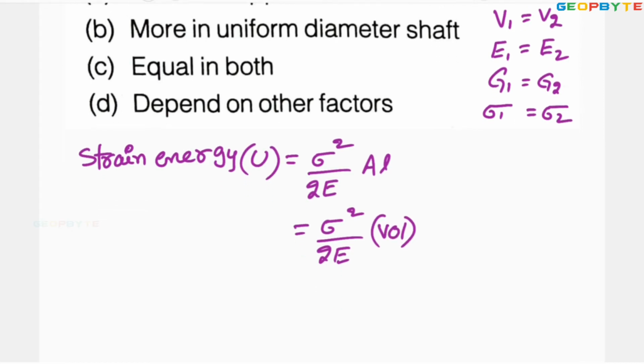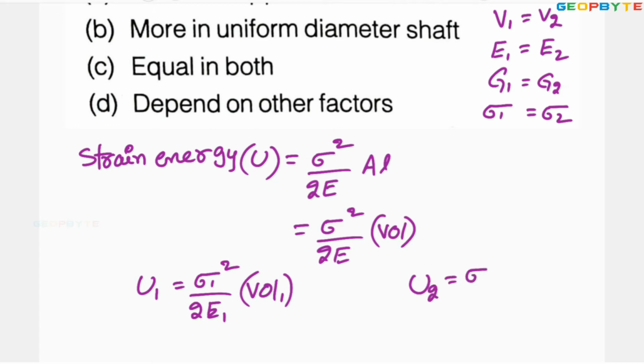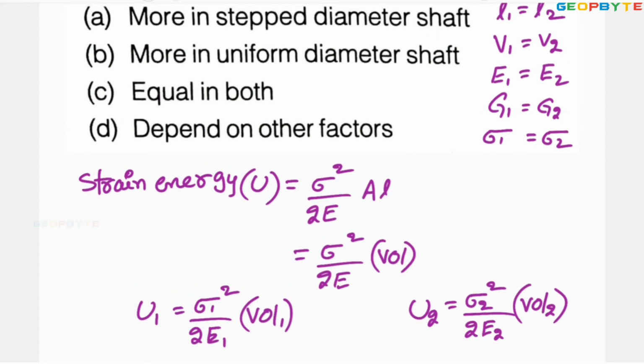Then strain energy in the first body equal to sigma 1 square by 2E1 into volume for that section. Similarly, energy stored for the second one, sigma 2 square by 2E2 into volume for that section. But here, volume for the first one equal to volume for the second one.